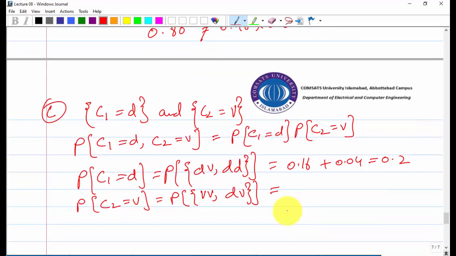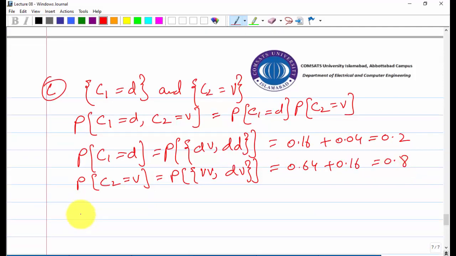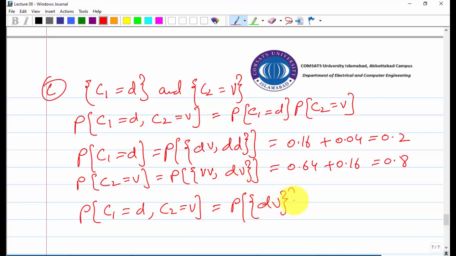So it will be 0.64 plus 0.16, which is 0.8, and the probability of their intersection will be the probability of DV, which is equal to 0.16.